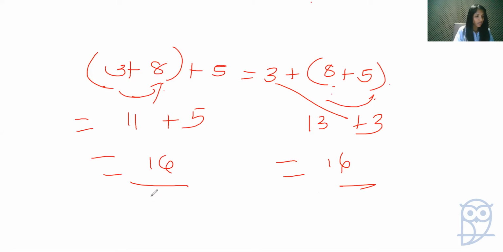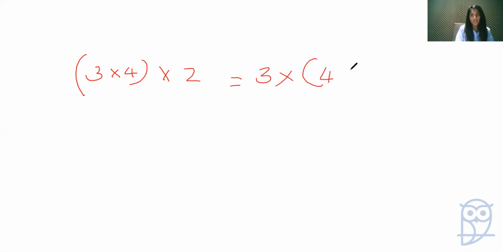I'm going to do one with multiplication. 3 times 4 times 2 is equal to the same as 3 times 4 times 2, grouped differently. Firstly, like we said, we always solve brackets first. So 3 times 4 is 12, and 12 times 2 is 24.